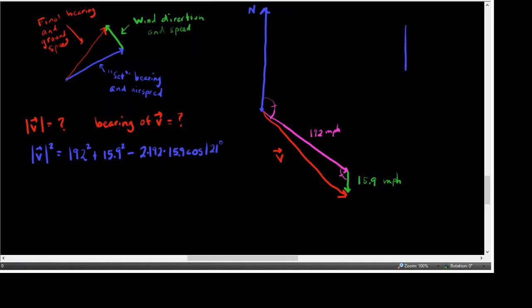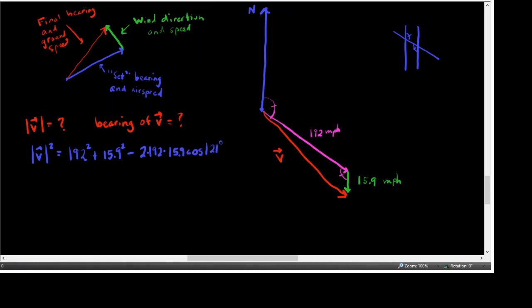If you have parallel lines, which the north-south direction and the wind are parallel to each other, cut by a transversal, then this angle here, which is the original 121 degrees, is congruent to this angle here. Alternate interior angles are congruent. And that angle, of course, is the angle that's across from the magnitude of v that we're trying to find. So that's why that goes there.